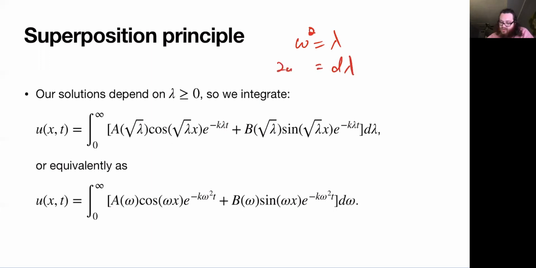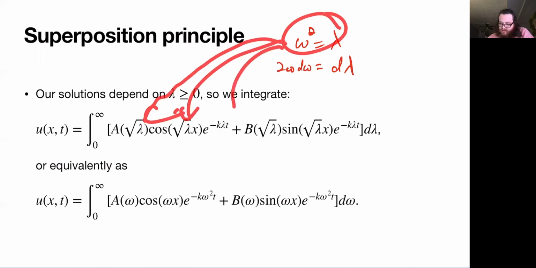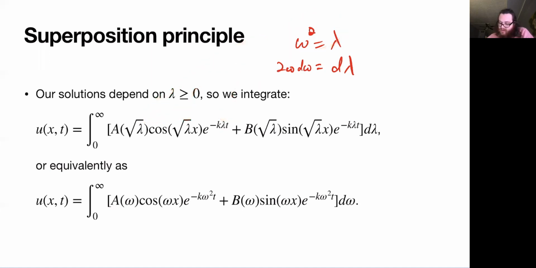This is going to be 2 omega d omega. Differentiate this, bring the 2 down, etc. So plug this in there, and then plug this in for d lambda. You're going to get the d omega, and you're going to get this omega squared, omega.